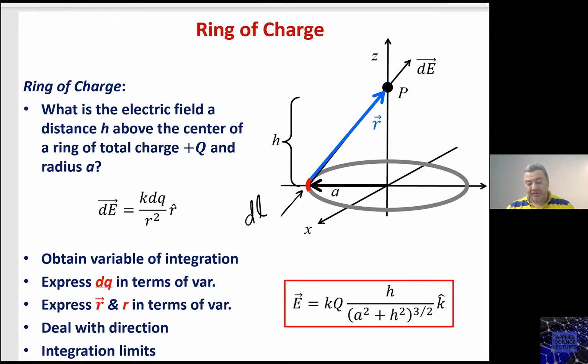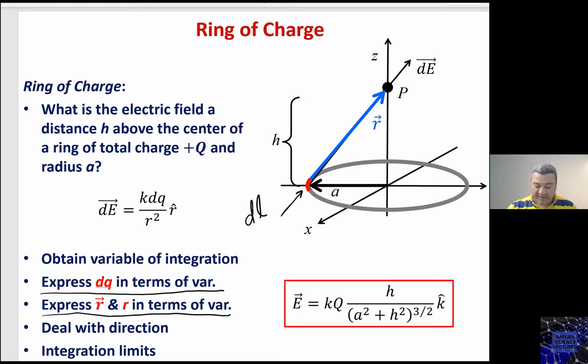I need to find what kind of variables I can relate this dl to. Then I need to express my dq in terms of this variable. And then I need to express my vector r and the magnitude of this r in terms of the variable.